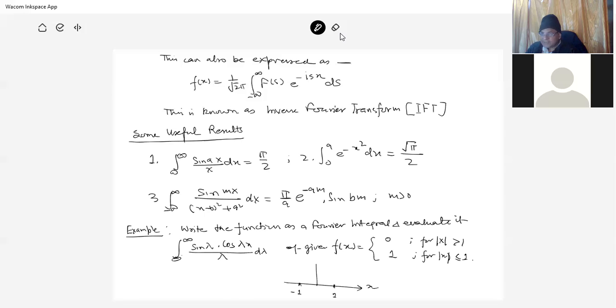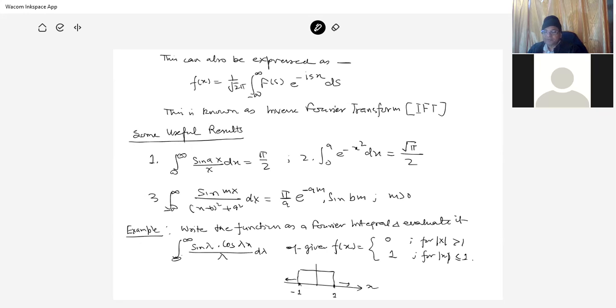So mod x greater than 1 means from this side and this side, left and right, the value is 0, and for mod x less than or equal to 1 the value is 1. For this kind of function, we have to find out the Fourier transform.